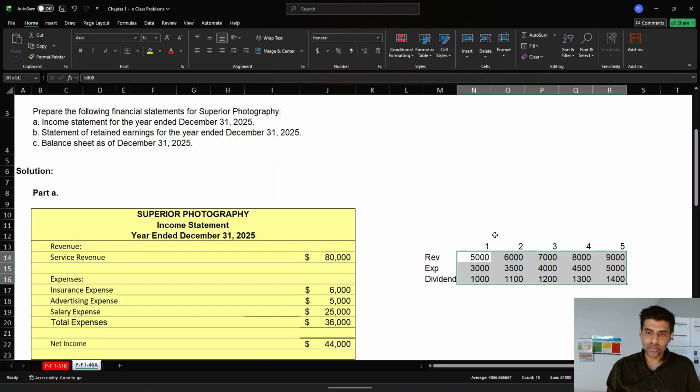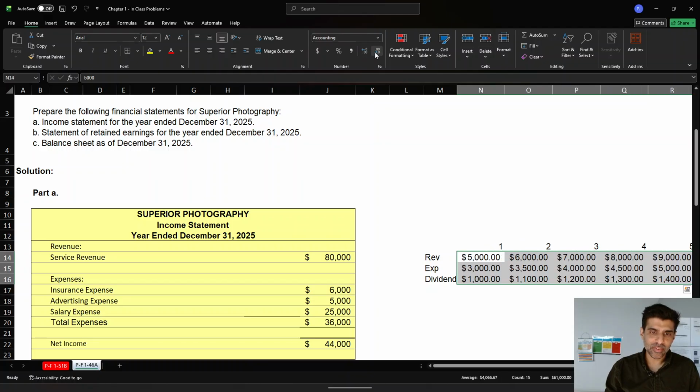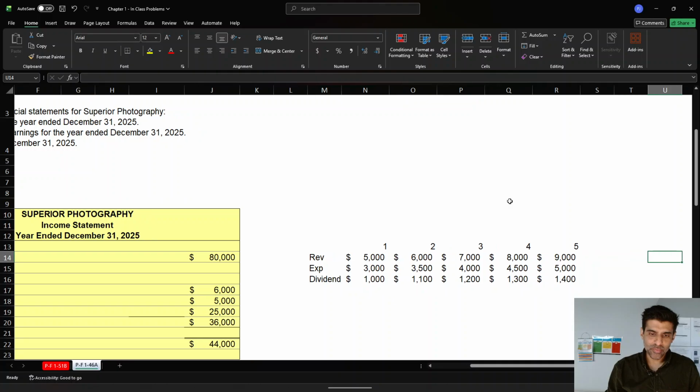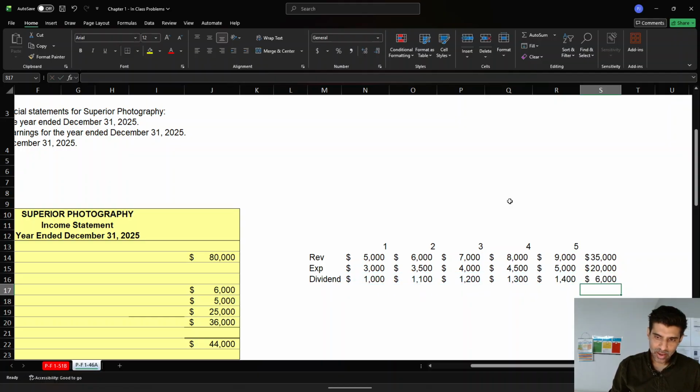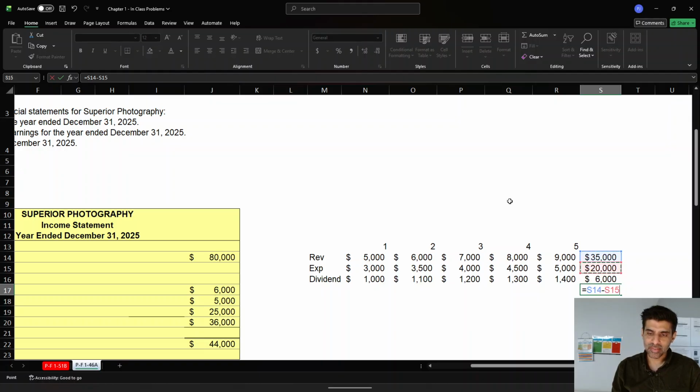Here's 5 years. If my company has existed for 5 years, these are the revenues, expenses, and dividends. If I added up all the revenues I've ever earned, all the expenses, and all the dividends, and then figured out my ending retained earnings balance, revenues minus expenses minus dividends, 9,000, right?